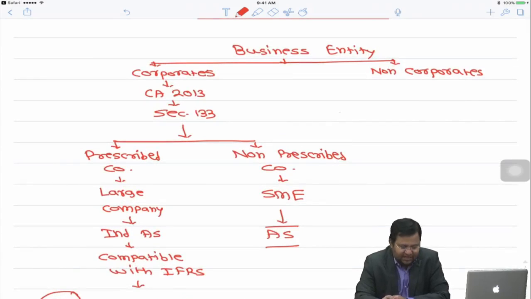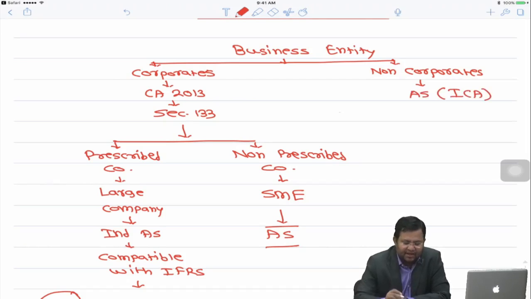Now, accounting standards which are issued by the Government of India and accounting standards issued by ICAI for non-corporate entities, I just use the word, both are called accounting standards. Both I'll denote by AS into bracket ICAI and I'll say AS into bracket Ministry of Corporate Affairs.